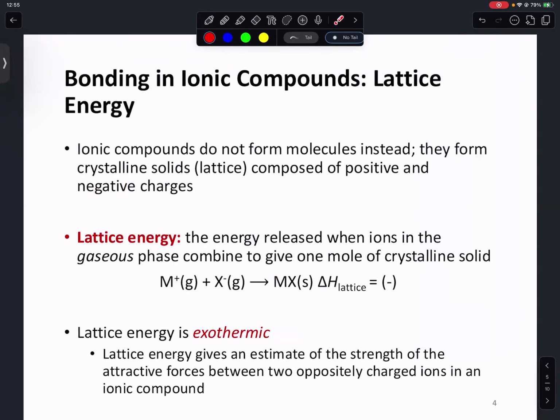The second type of bonding we're going to talk about is ionic bonding, and we'll be focusing here on lattice energy. Ionic compounds, as a reminder, do not form molecules, because molecules are discrete. They tend to form crystalline solids.